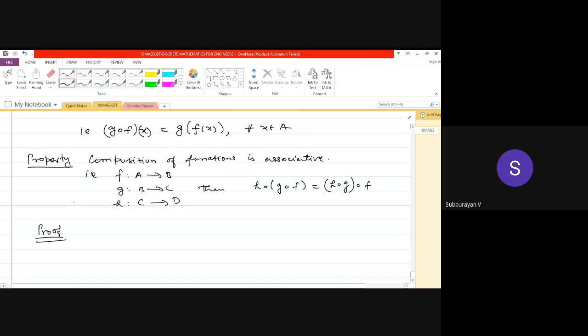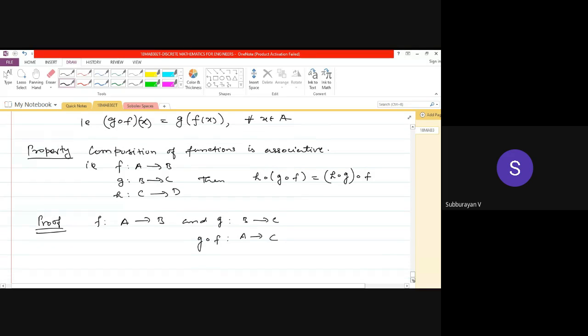Now, f is a function from A to B, and g is a function from B to C. Therefore, g composite f is a function from A to C, isn't it? Yes.